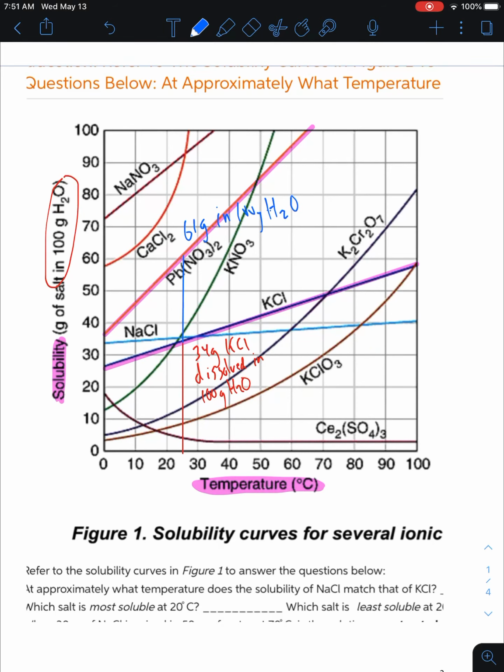Now let's look back at our potassium chloride. Remember, we dissolved 34 grams in 100 grams of water. Let's say that we heated that solution up to 80 degrees. So I'm going to drag this line over to 80 right there. Notice that we're now below the line. We can actually add more potassium chloride in.